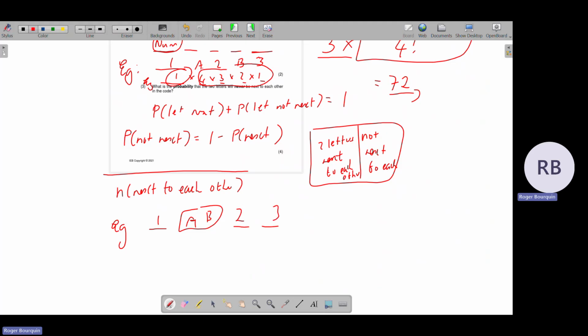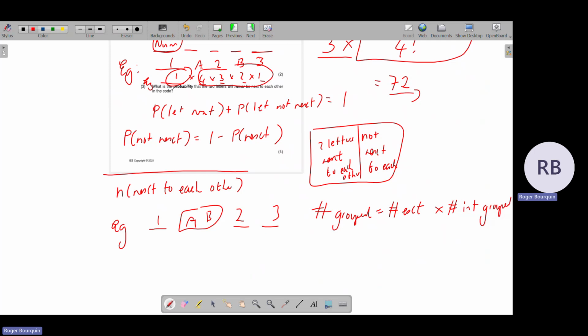What was the logic we used for the number of arrangements for grouped items? Number of external arrangements, remember that? The number of ways that grouped items can be arranged equals the number of ways of external arrangements times by the number of ways of internal arrangements of the things that are grouped together.